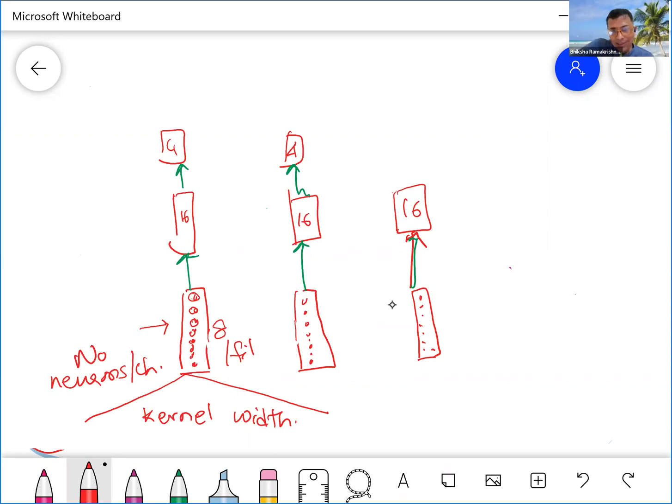Any questions? So in a non-distributed version, only the first layer will ever have a kernel size that's greater than 1. Exactly.